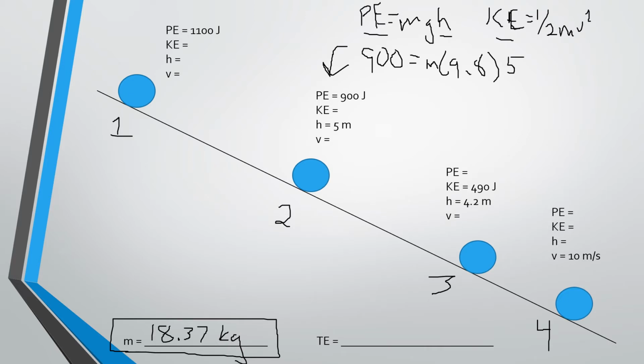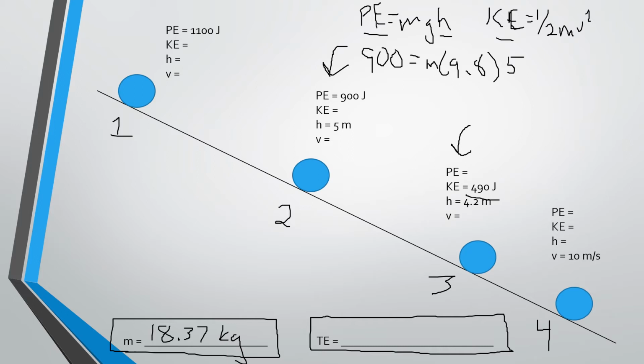Once you know the mass, it is constant throughout. So once you know the mass, the next thing that you have to do is get the total energy. Well, how can I get the total energy? Not one spot has a PE and a KE. Look at spot 3.